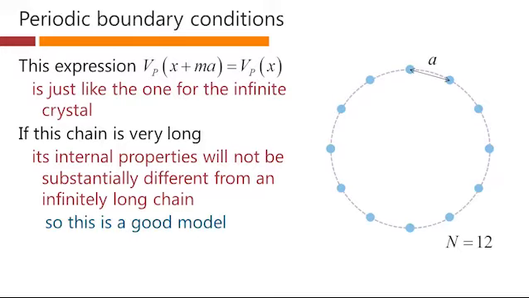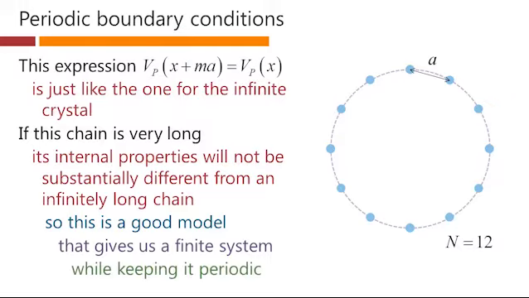So we presume then that this kind of approach is actually a good enough model that gives us a finite system, so this chain only has a finite length, while still keeping these periodic boundary conditions. And this is the trick of periodic boundary conditions. We can work with a finite system that nonetheless behaves more or less the same as an infinite crystal would behave, at least for this kind of periodic potential.